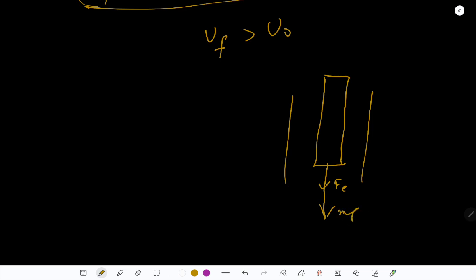gravitational force as well. So to slowly remove the metal plate from inside the capacitor, the external agent should apply a force in this direction. To slowly remove means the change in kinetic energy should be equal to 0.